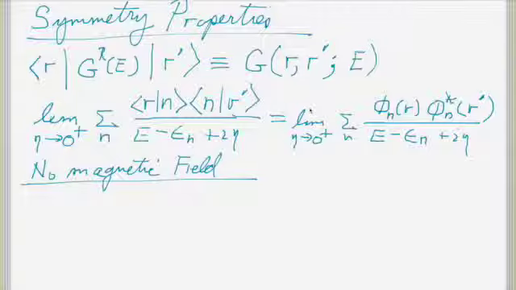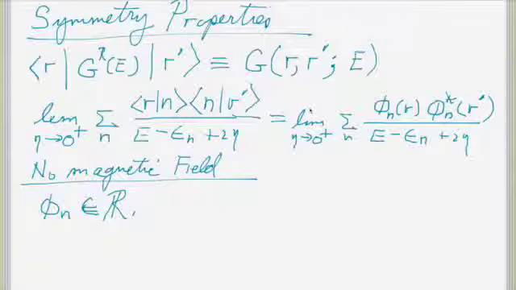In this, let's consider a couple of cases. In one case, in a confined system, you can always write it where the eigenfunctions phi n are real. You have real eigenfunctions, so it doesn't matter whether I complex conjugate.